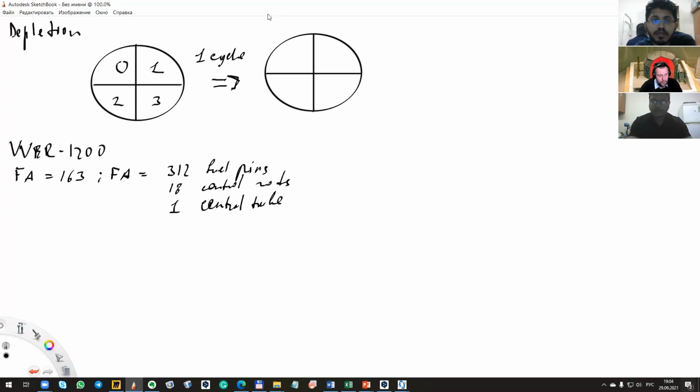And after one cycle, these become 1, 2, 3, 4, and 4 is withdrawn, and fresh fuel is put in for the next cycle.